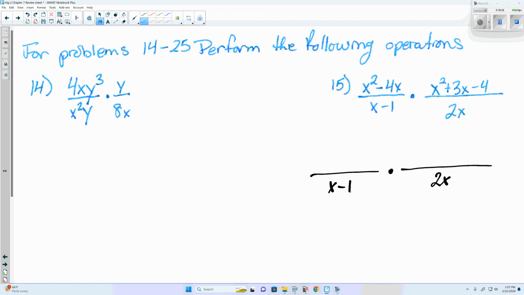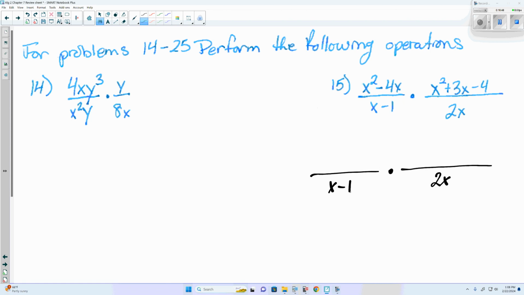Especially with multiplication, division, addition, subtraction. If it's factored in the denominator for addition, subtraction, and it's factored anywhere in multiplication or division, don't multiply back out. Because what are we having to do with multiplication and division first? We have to factor it. So if it's already factored, leave it alone.